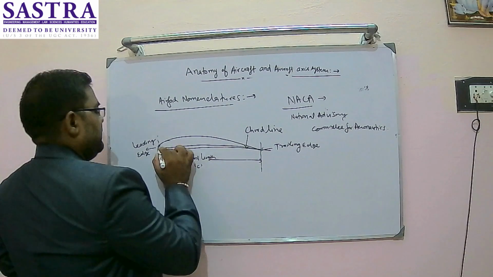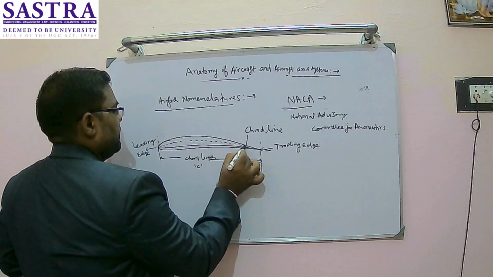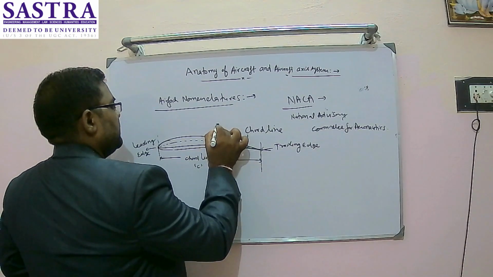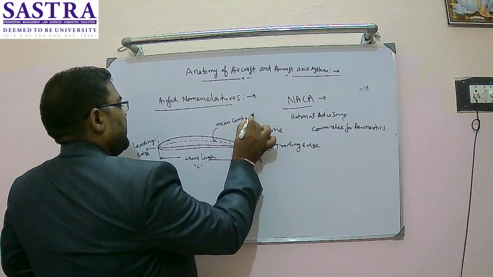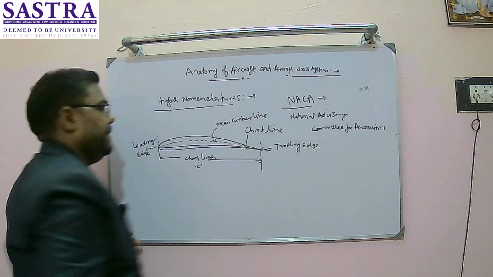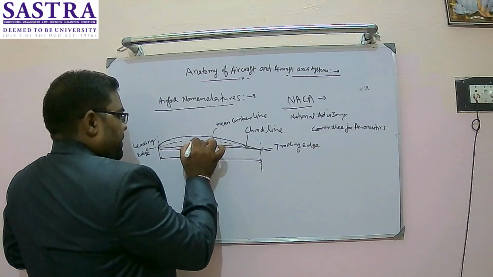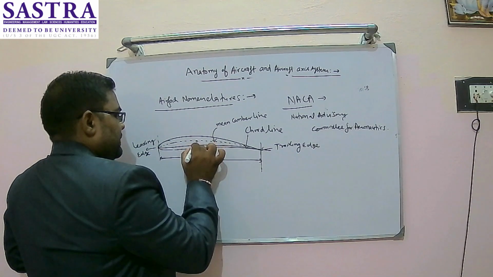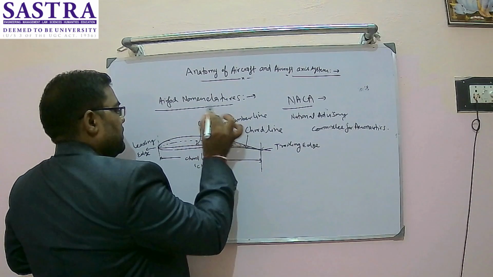There is another line in between, which is known as the mean camber line. Between these two there is a certain difference, which is known as camber.